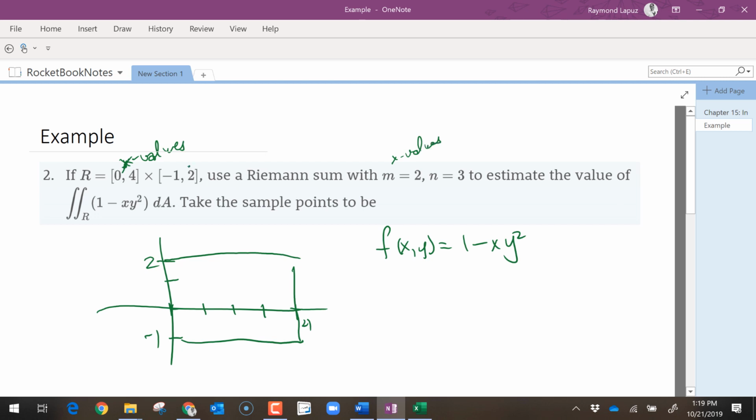And then your N is your Y values. So that means I need to break up my X values into 2 pieces. So the 2 rectangles that I would have, if I just broke this up into 2 pieces, would just be this one going from 0 to 2 and then 2 to 4, right? And then my N is going to be broken up into 3 pieces.